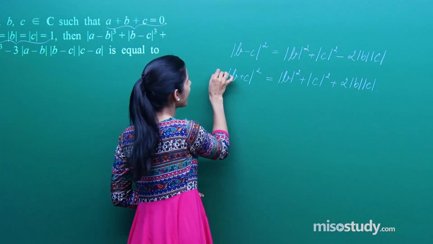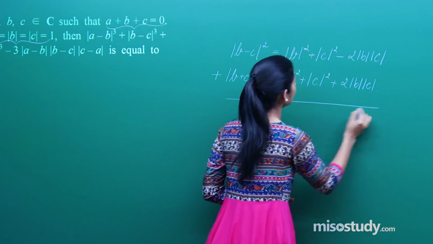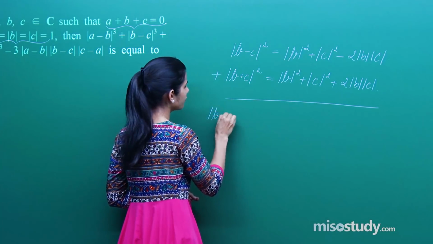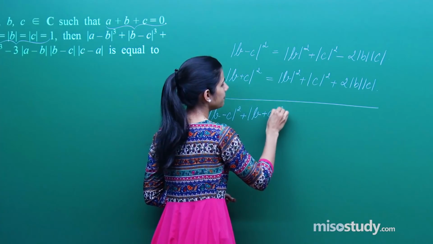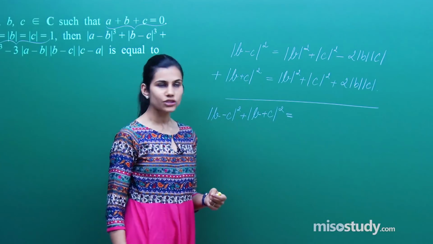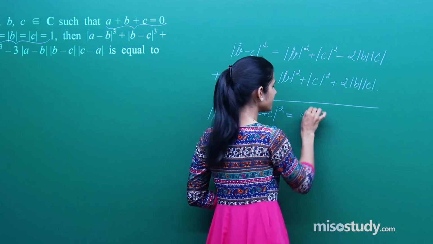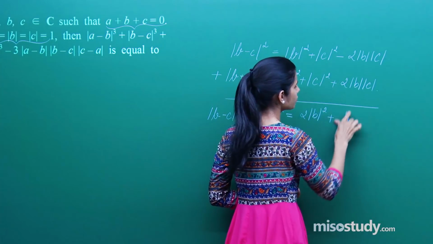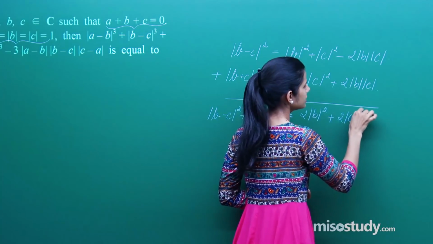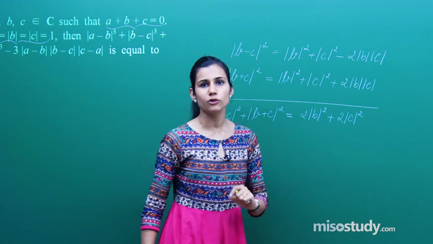If I add both of them, what do I get? I get mod of B minus C whole square plus mod of B plus C whole square is equal to mod B square plus mod B square, which is twice of mod B square, mod C square plus mod C square, which is twice of mod C square, and this plus this is obviously equal to 0.